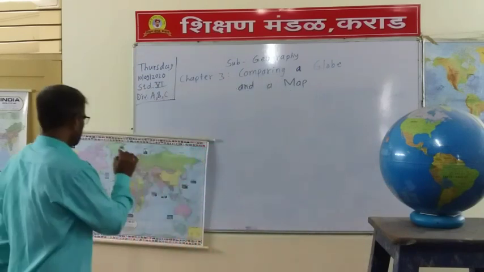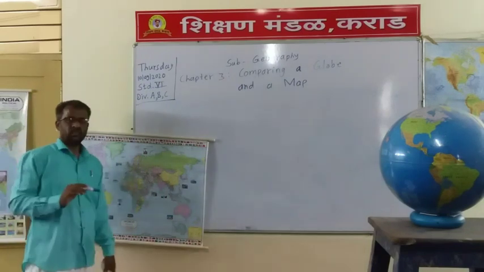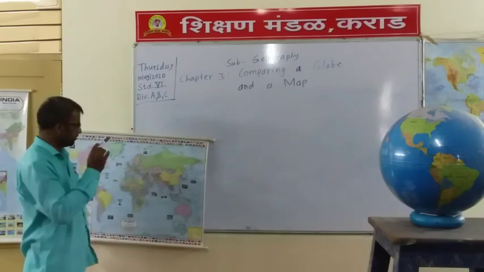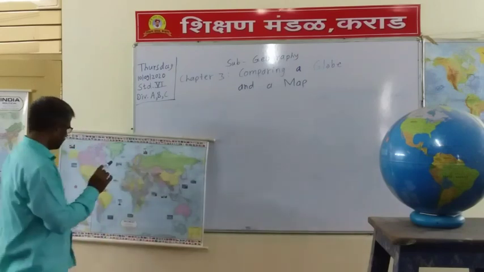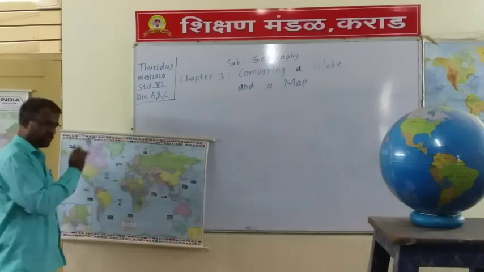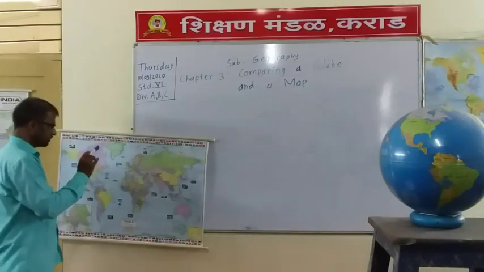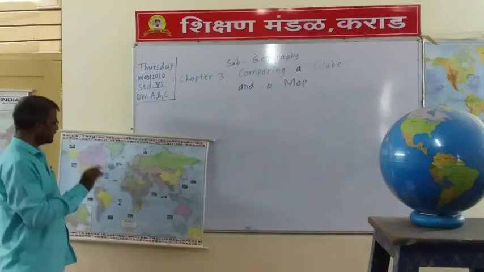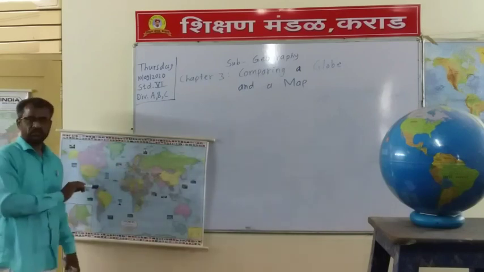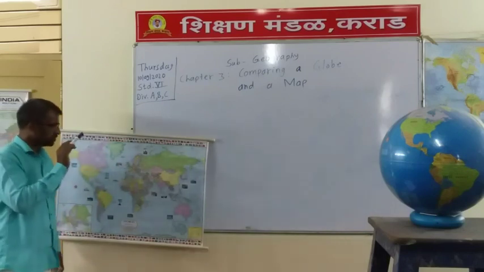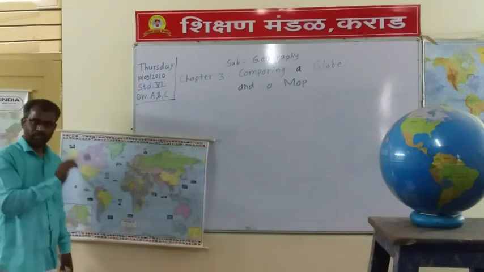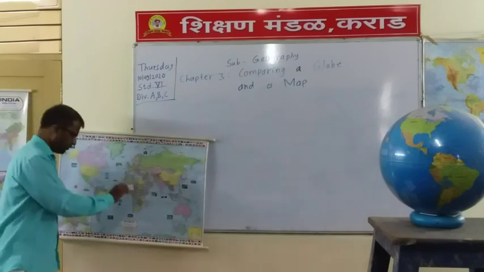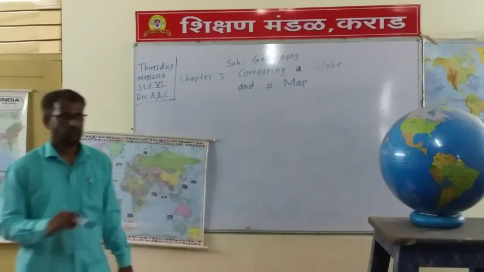Whereas a map is a representation of the entire world. A map shows continents, nations, cities, villages, as well as physical features like mountains, valleys, plateaus, and water bodies like rivers, oceans, etc.